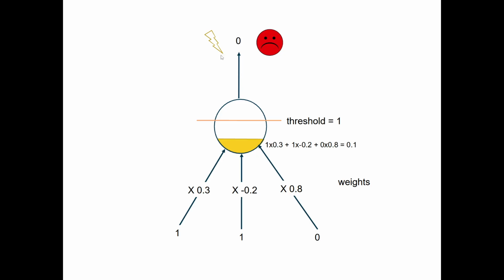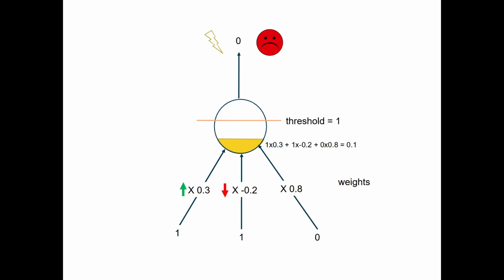Since it was an image of a horse, it should have returned 1, but it returned 0. So there is an error, because the inputs multiplied by the weights all added together equal 0.1, which is below the threshold of 1. So it returned 0.